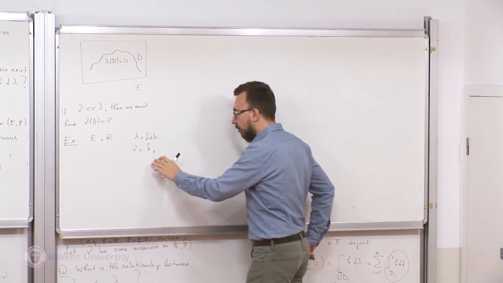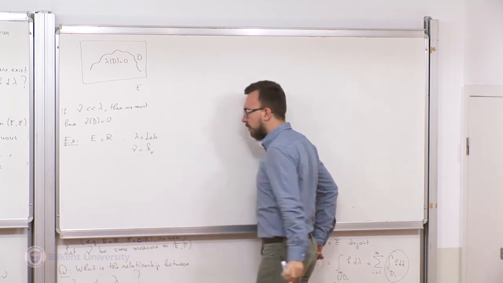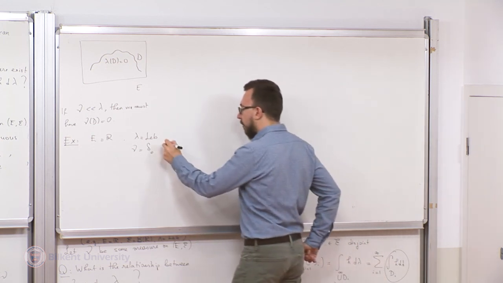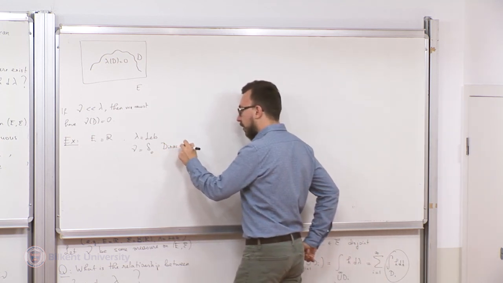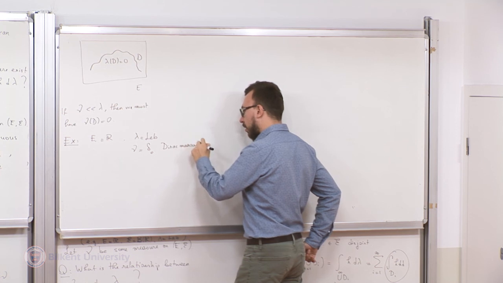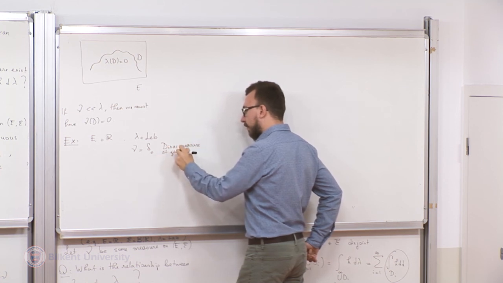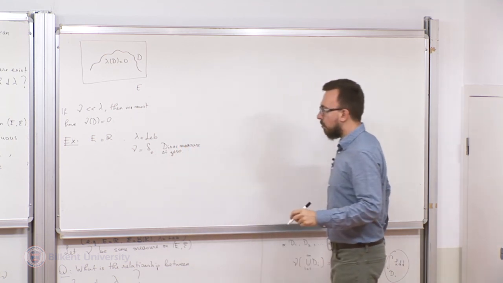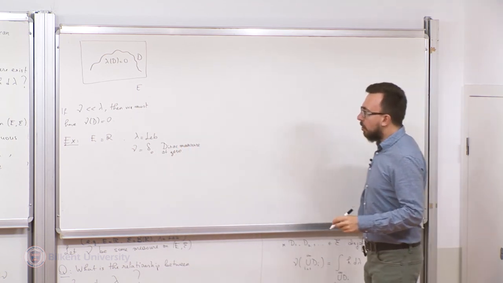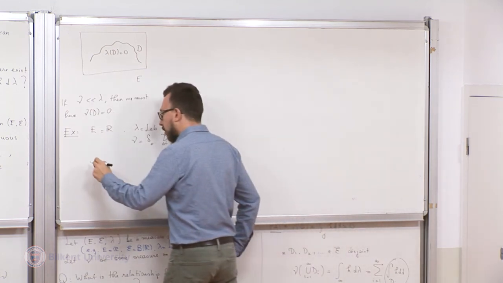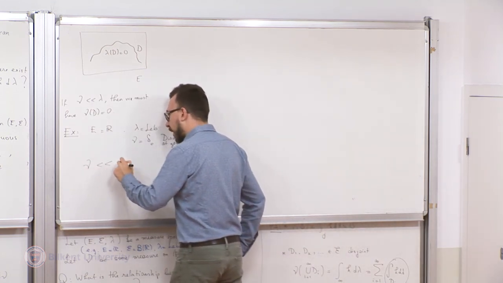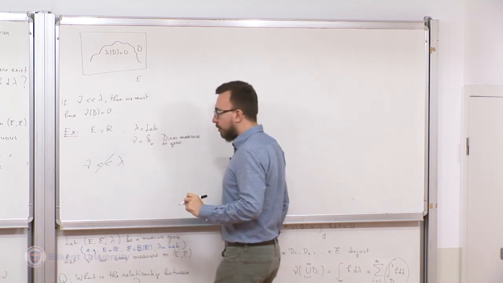We didn't use brackets like this, right? We just put 0. Dirac measure at 0. Okay? So we don't have nu absolutely continuous with respect to lambda.